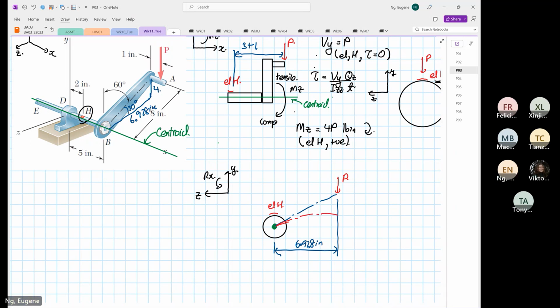But the green dot is still at the same point because it's fixed to the wall. So is it a torque or a moment? For this case, the green dot stays at the same place, so that is where we classify this as a torque. Yes or no?